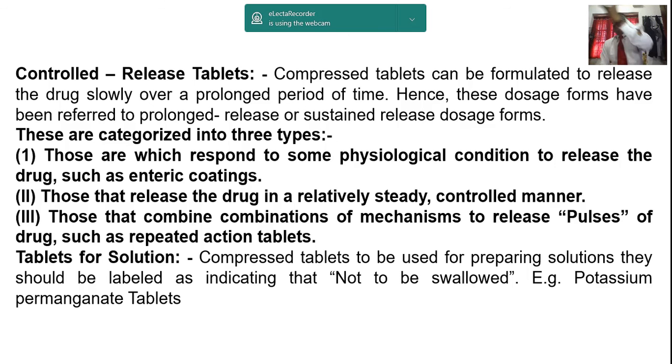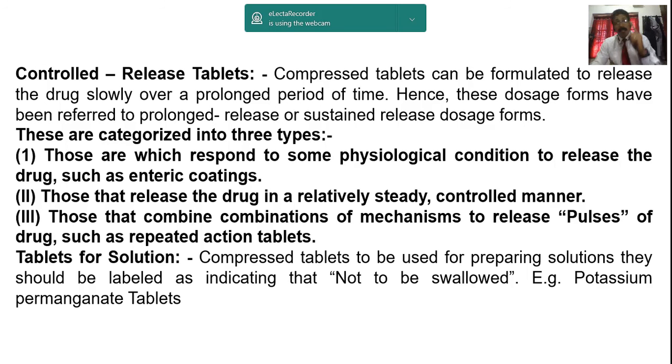Just put in 1000 ml, dissolve it, make up 1000 ml and you will get 1 molar solution. Like that, laboratory tablets are also available. Apart from that, many other therapeutic active drugs are also available, but it will be soft. Tablets for solutions are also available in different types of tablets.